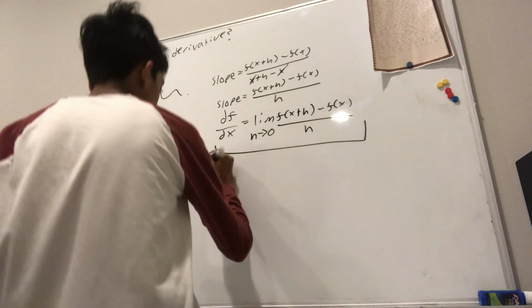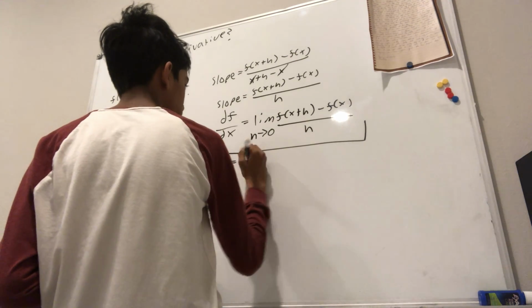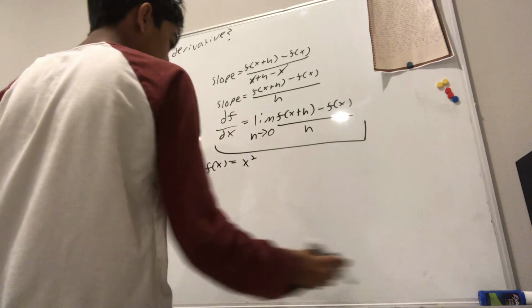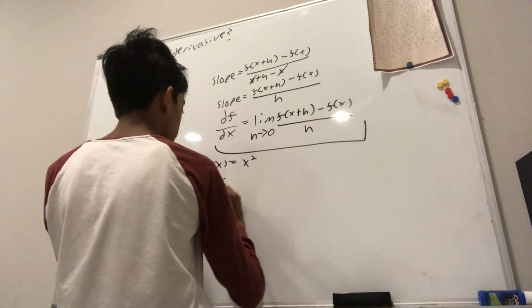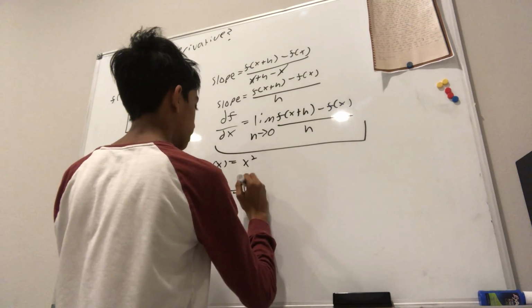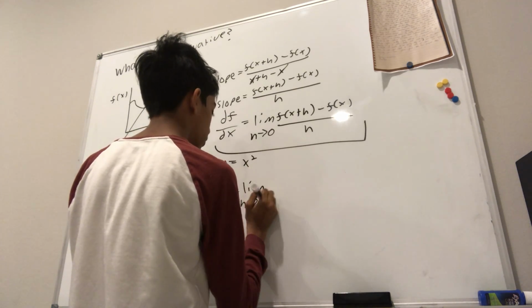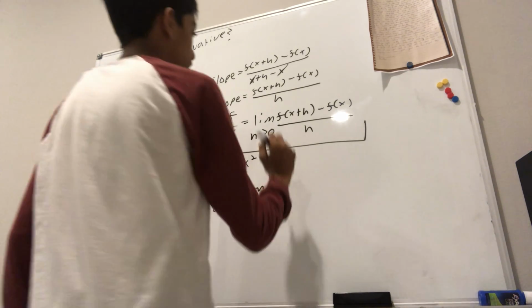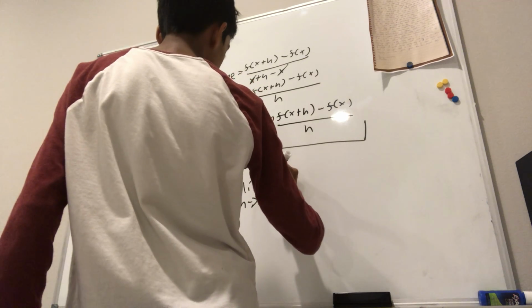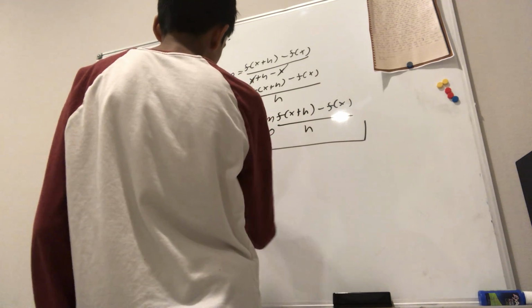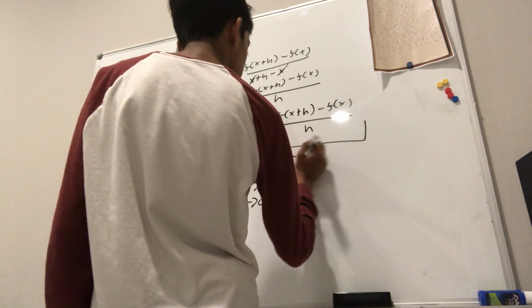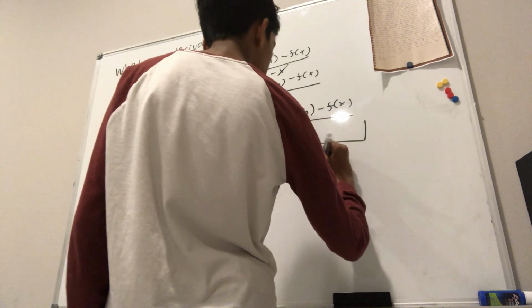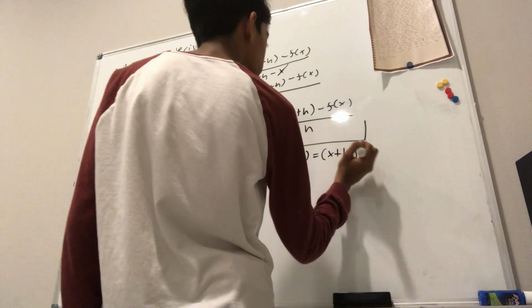So let's say we have f of x equals x squared. If you wanted to take the derivative of f with respect to x, that would be equal to the limit as h goes to 0 of, well, what is f of x plus h? f of x plus h would just be adding h to the input, so f of x plus h is equal to x plus h squared.